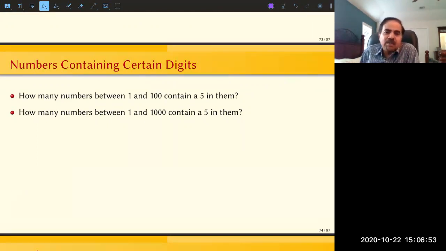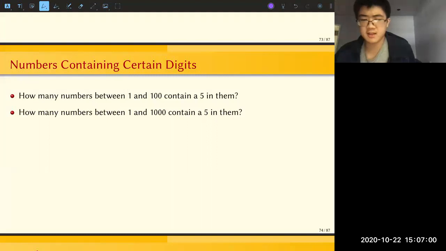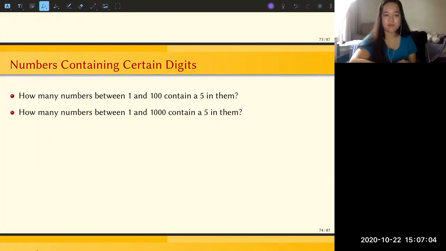Again, you don't have to tell me the number, but you can just tell me how one would go about it. Yeah, Kelly? Well, based on 1 to 100, there's 19 through each 100, but you have to consider the 500s, like a group.